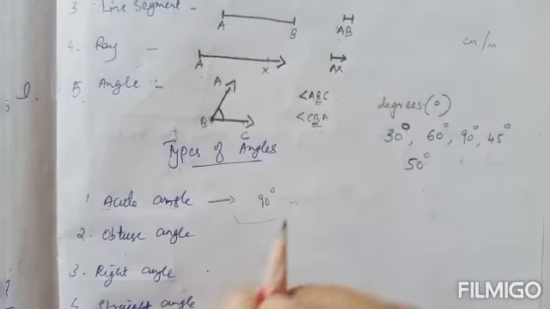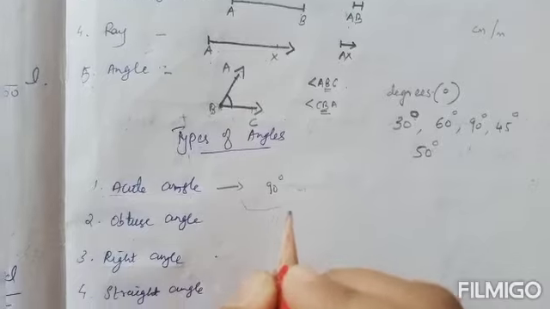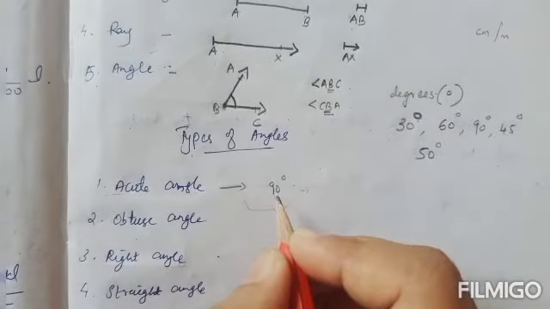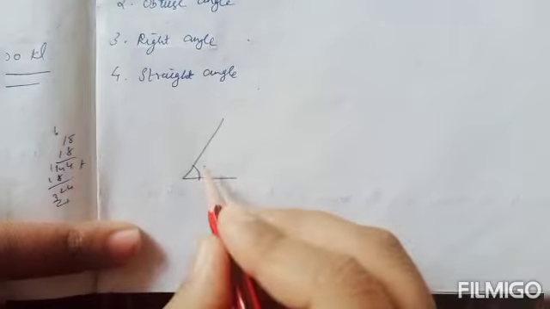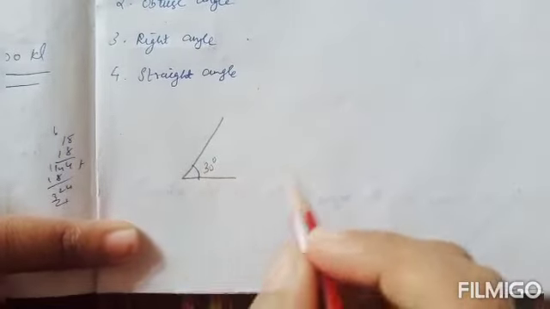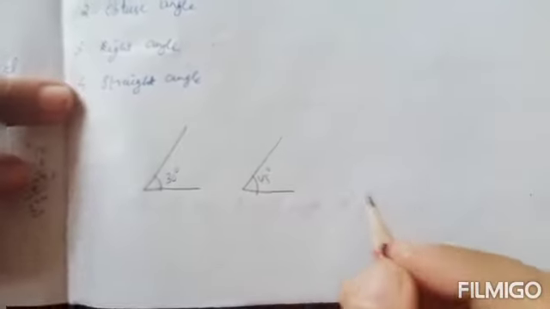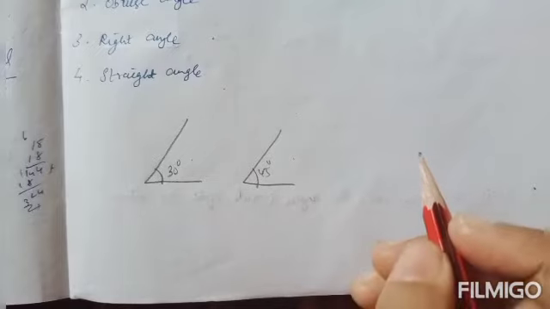So such angles are called acute angle. If the measurement of angle is less than 90 degree, it is called acute angle. So this angle, let it be 30 degree, is an acute angle. Now 45 degree is an acute angle. 50 degree, 10 degree, all are acute angles.